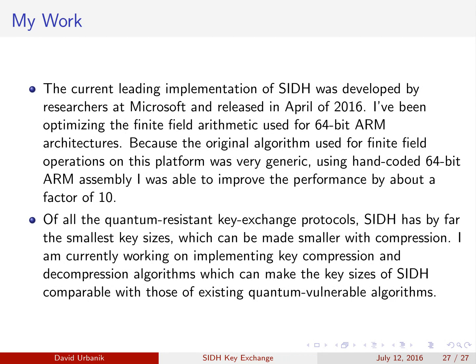When you do this kind of computation over finite fields and you want it to be efficient, you have to use special assembly language instructions for the particular processors that you're using. They did this for x86 platforms, but they didn't do it for ARM. They just had a generic implementation for ARM. And so I wrote a lot of hand-coded 64-bit ARM assembly, and I optimized all these finite field routines, and I was able to improve the performance by about a factor of 10, which I was happy with.